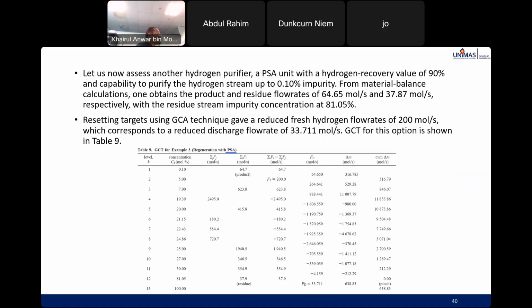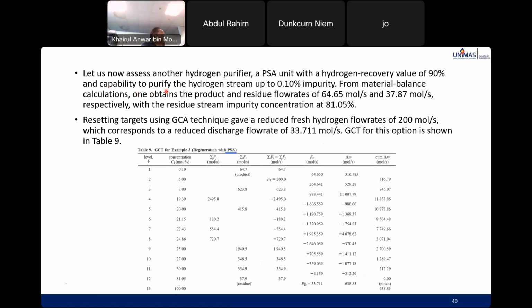Then, okay, another method of hydrogen purifier is PSA. PSA stands for pressure swing adsorption, with a hydrogen recovery value of 90%. For membrane it is 95%.